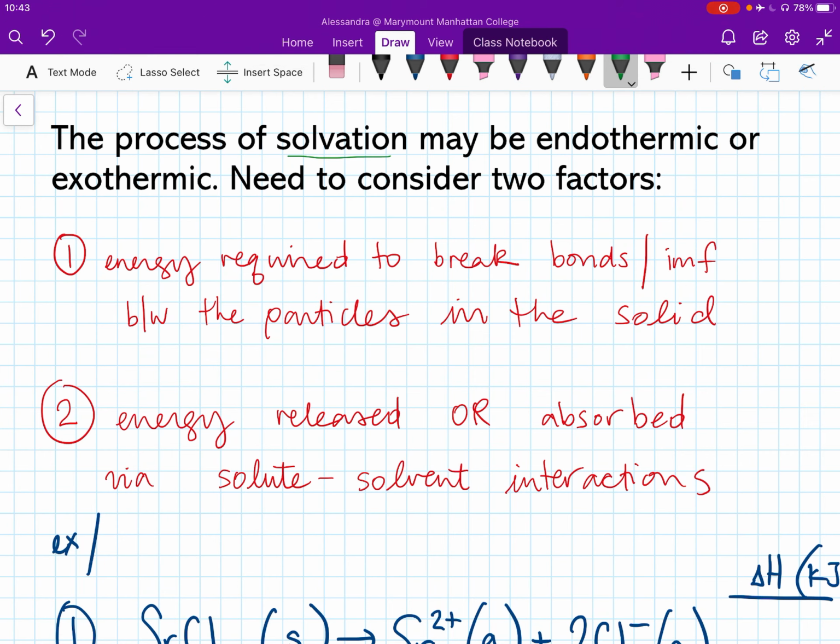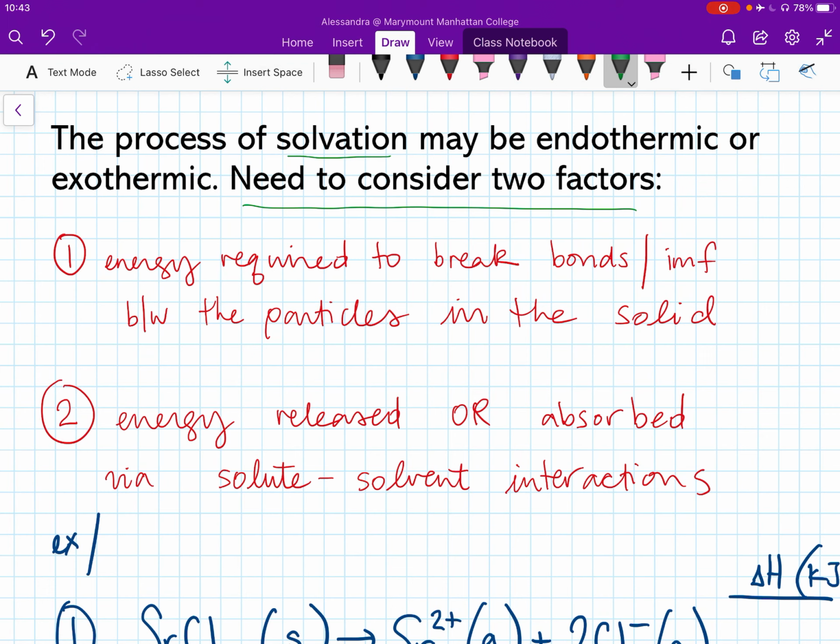In order to tell which one it is, you need to consider two different factors and add them together. The first factor is how much energy is required to break the intermolecular forces that hold the particles together in the solid. The second factor is how much energy is either released or absorbed via solute-solvent interactions.